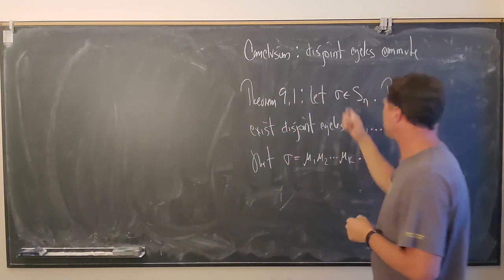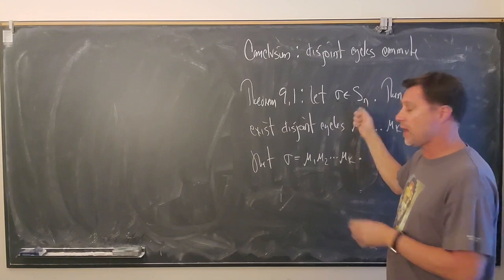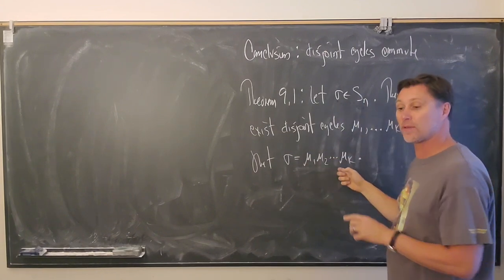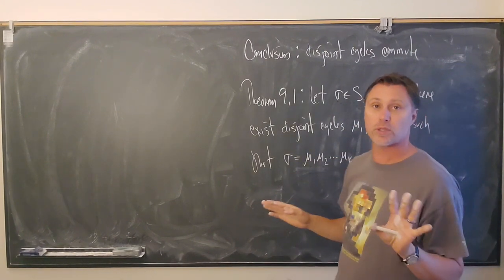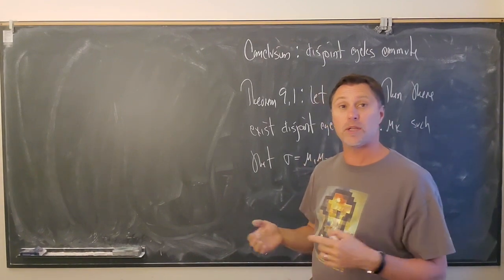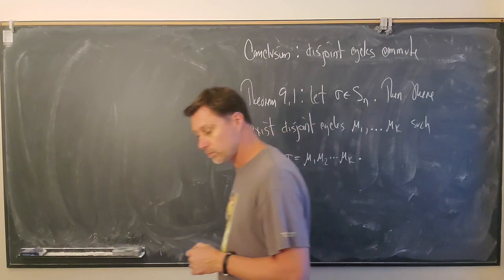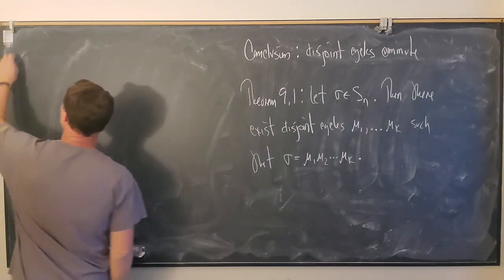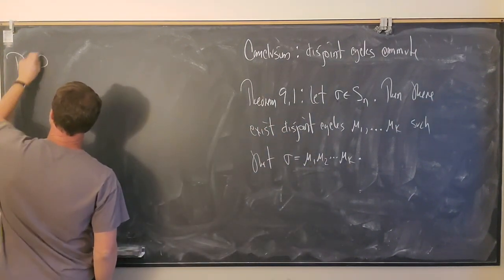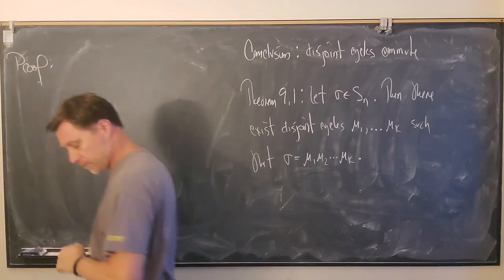How do you do it? Take a permutation of S sub n, and we will be able to express it as a product of cycles, which means we never have to use this matrix notation again. Everything can be described in terms of products of cycles. So let's see how the proof goes. And the proof is fairly straightforward.